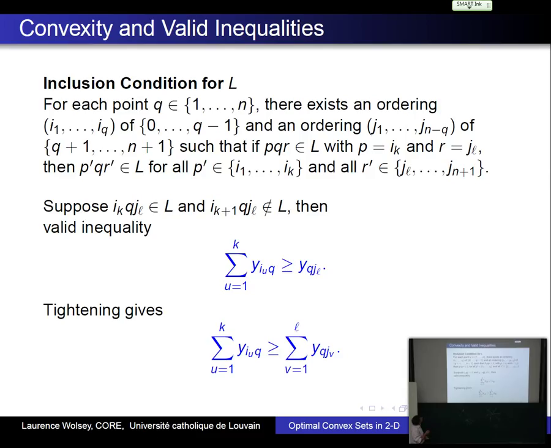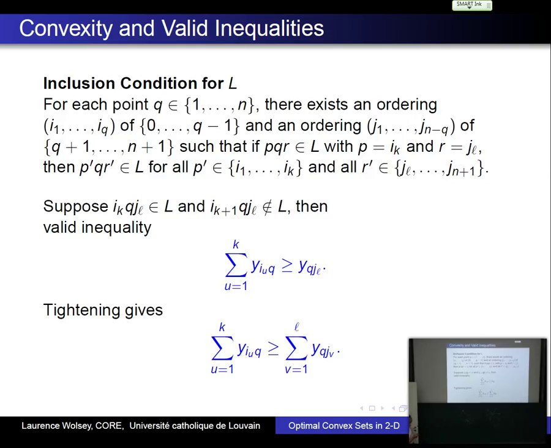We're going to order the points before Q, again in clockwise order, I1, I2, I3, I4, and we're going to order the points after Q, J1, J2, J3, J4, and you get natural inclusion conditions.